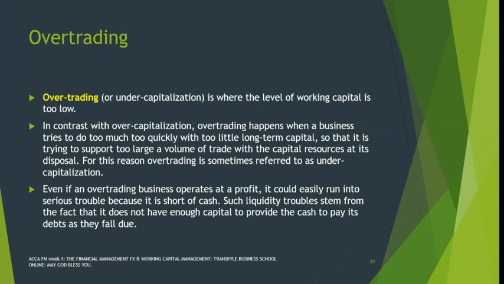For this reason, overtrading is sometimes referred to as undercapitalization. So when we are too ambitious, such that we want to grow quickly but without enough capital to fund our path, we end up resulting in what is called overtrading.